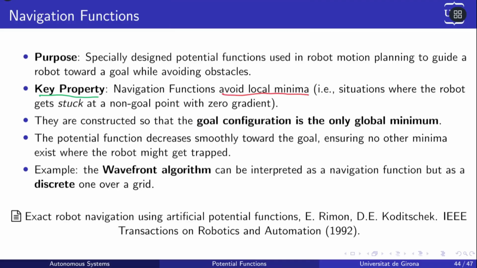And how do they avoid local minima? Because they are constructed in a way that there is only one real minimum, and everything moves towards that minimum, similar to what the wavefront planner does, but now using real potential functions. The idea is that the potential function decreases smoothly towards the goal, ensuring that no other minimum exists where the robot might be trapped.